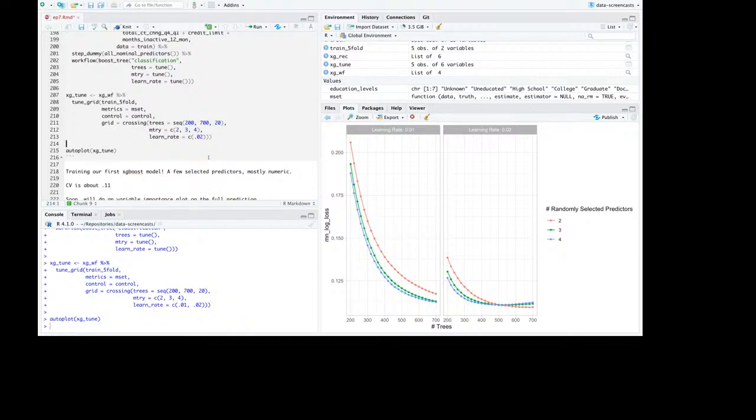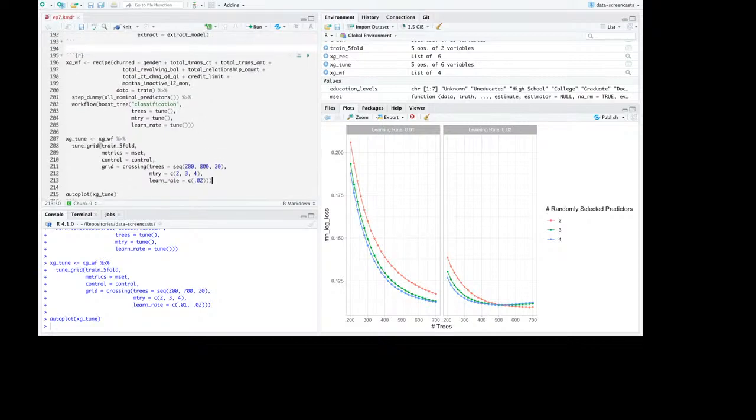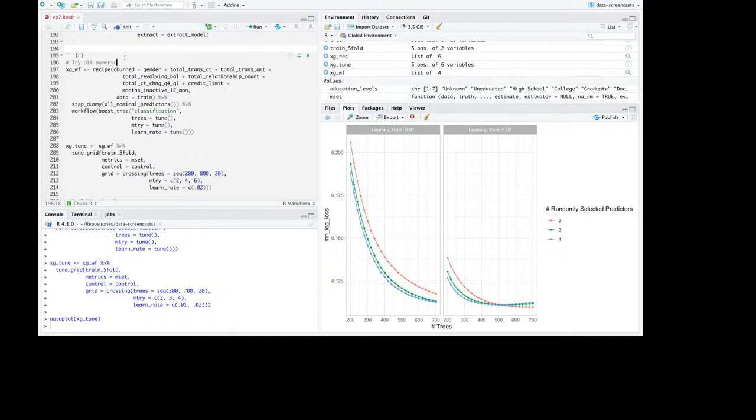0.02, about 2. Wow, 2 is doing just well. I'm going to increase this a little bit. And let's try all numeric and turn categorical into ordinal. So here's what I'm going to do.